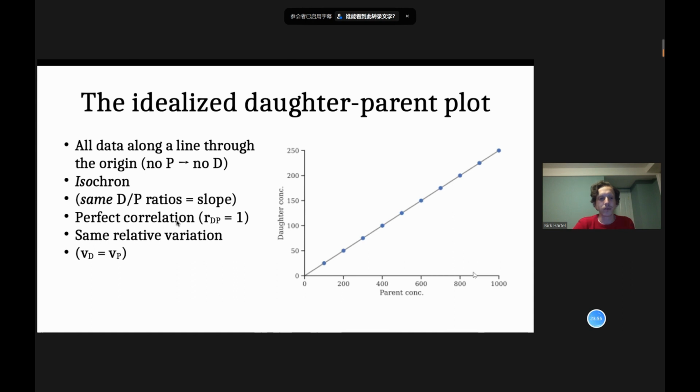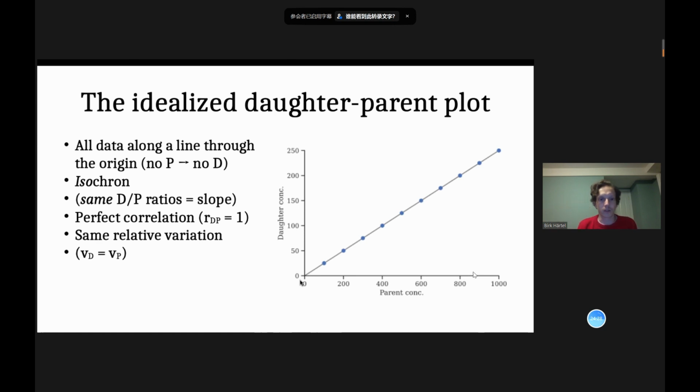And of course, in this case, all of the data points share the same slope, and the slope here is basically the ratio of daughters to parents, and therefore a measure of the age. So in this case, we can speak about a true isochron as along this line, all of these points have the same slope to the origin and therefore share the same age.